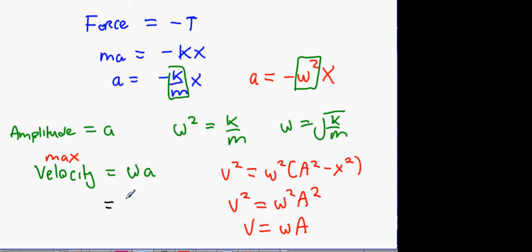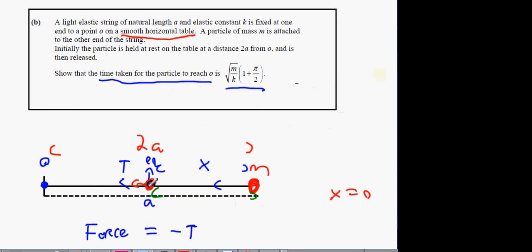We now know the velocity it's going at this point here. What we need to know is how much time it takes to get from here to here. How much time does it take to go in between the two red dots? Now, remember, if this was obeying simple harmonic motion on both sides, the period takes to here, back to here, back to here. 4 equal slots. So this time equals the period divided by 4. Let's find out what the period is.